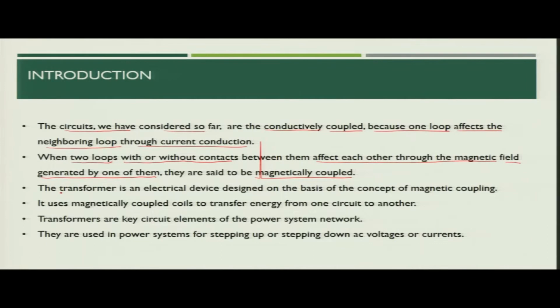The most common example is the transformer, an electrical device designed on the basis of the concept of magnetic coupling. It uses magnetically coupled coils to transfer energy from one circuit to the other.